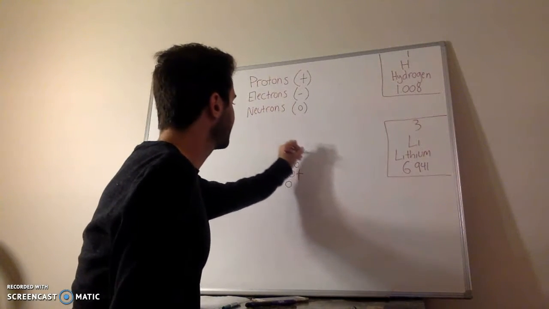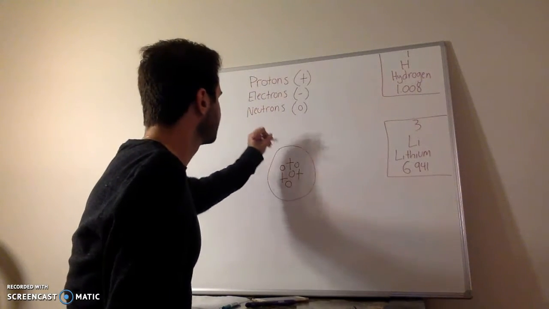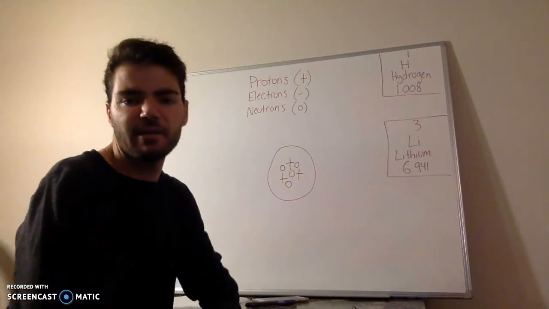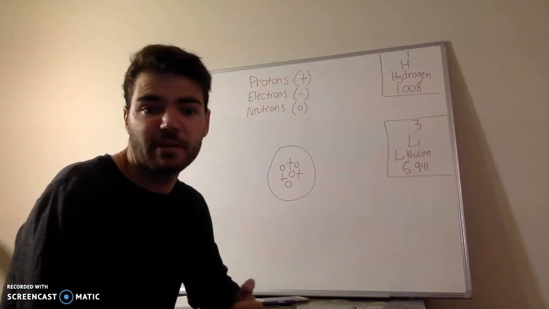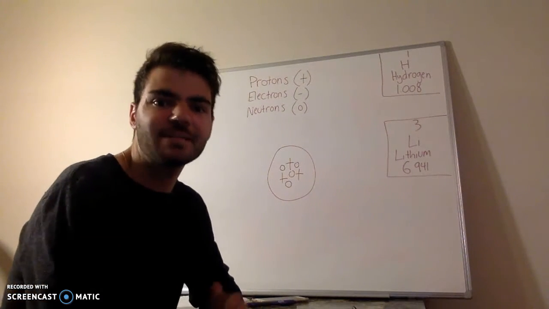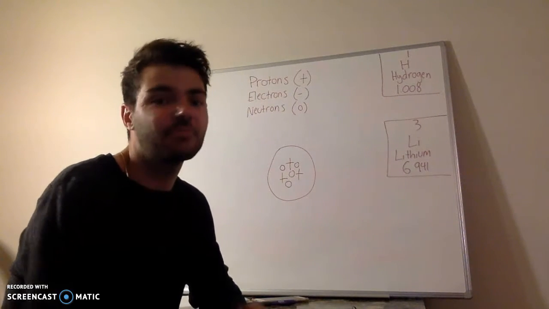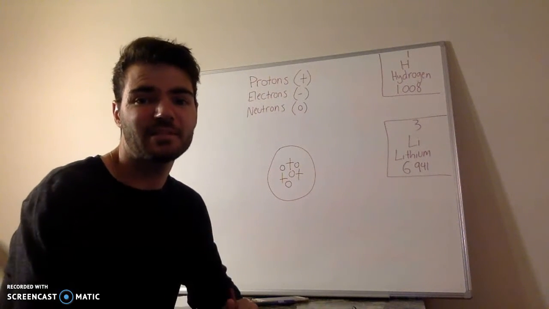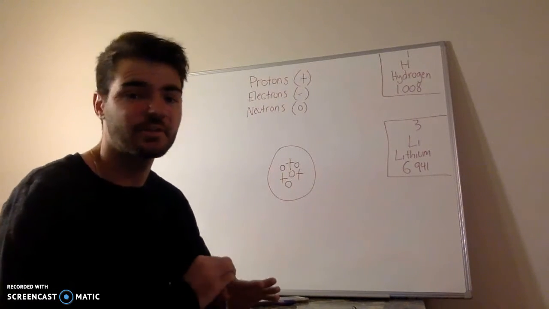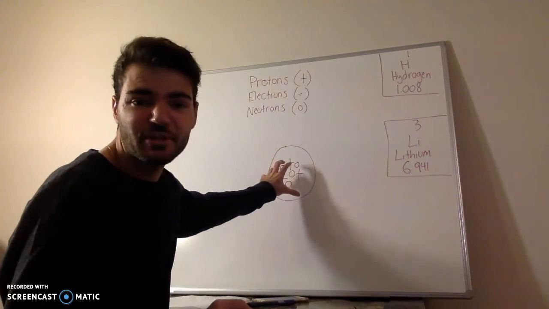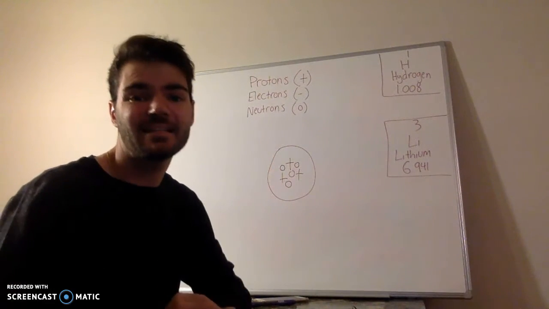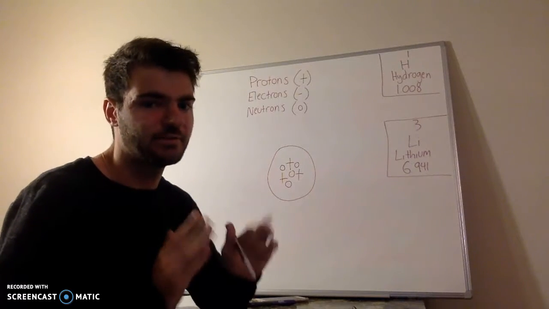There's our nucleus. Now we're going to plug in our electrons. Like I said, when we talked about this over the last few weeks, we want the number of protons and electrons to be the same. We want this to be balanced. If we have 3 positively charged things, we want 3 negatively charged things to cancel each other out.